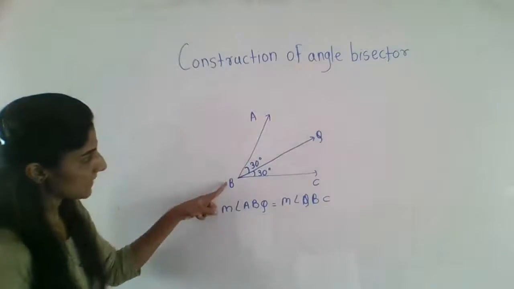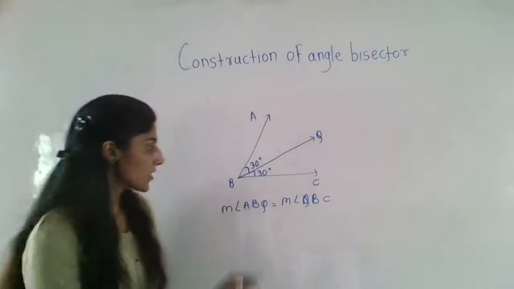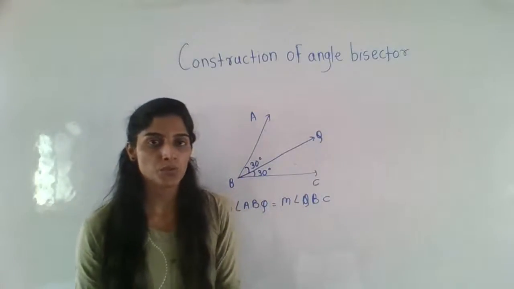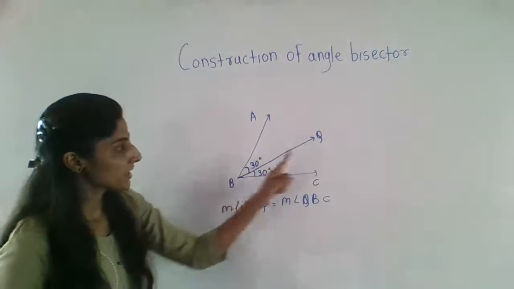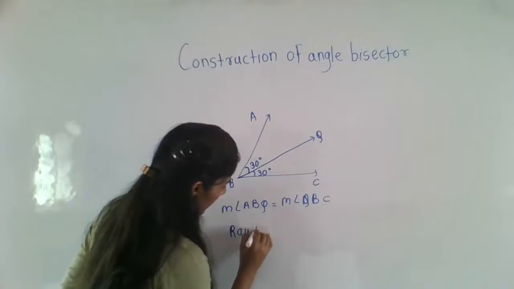The measure of angle ABQ and the measure of angle QBC are equal because BQ divides the given angle ABC into two equal parts. Therefore, the ray BQ is the angle bisector.